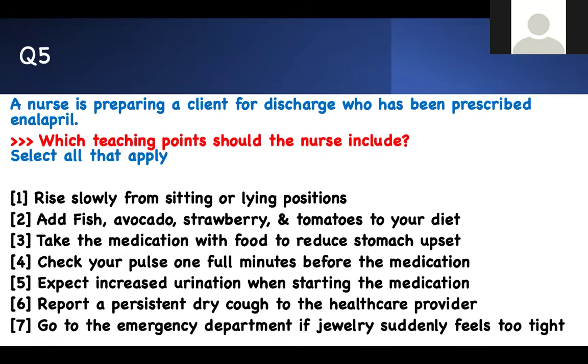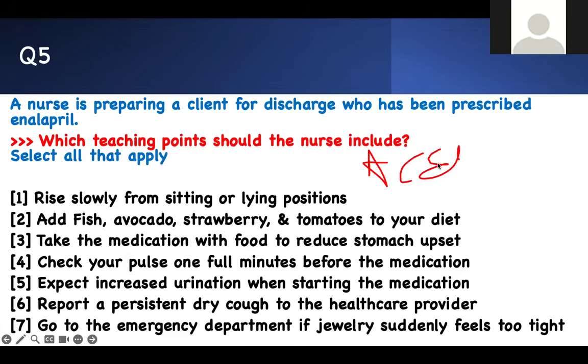The beginning of the medication name is the last name. Which teaching points should the nurse include? You know that they are what? ACE inhibitors. Therefore, you will write it down and say, this is their side effect, and I'm going to use it to answer the question. Rise slowly from a sitting or lying position. What do you think? Yes, it causes orthostatic hypotension. Therefore, that one, we're going to pick it.